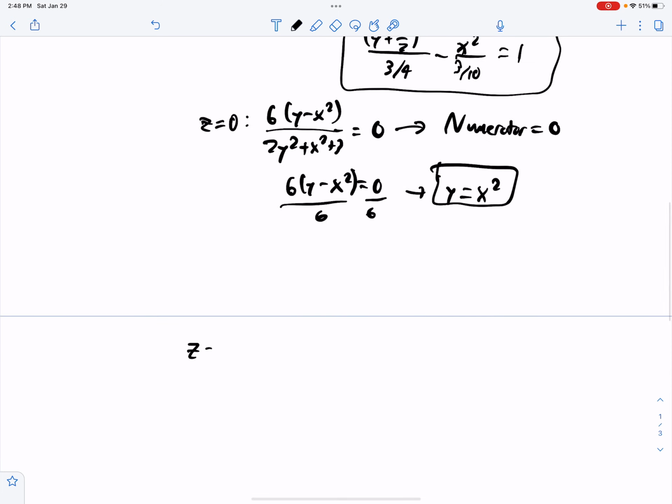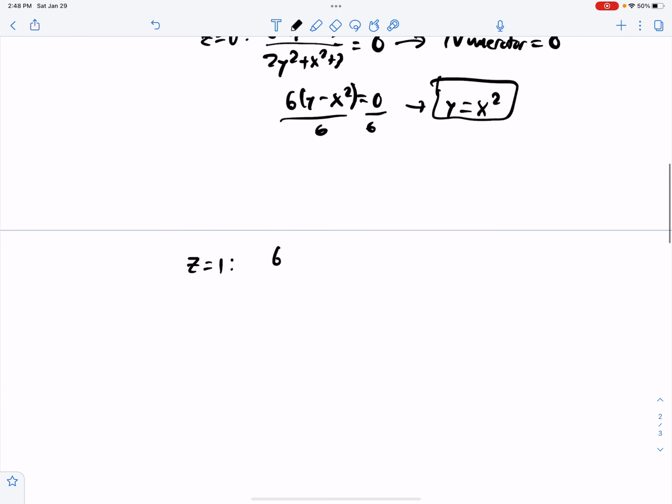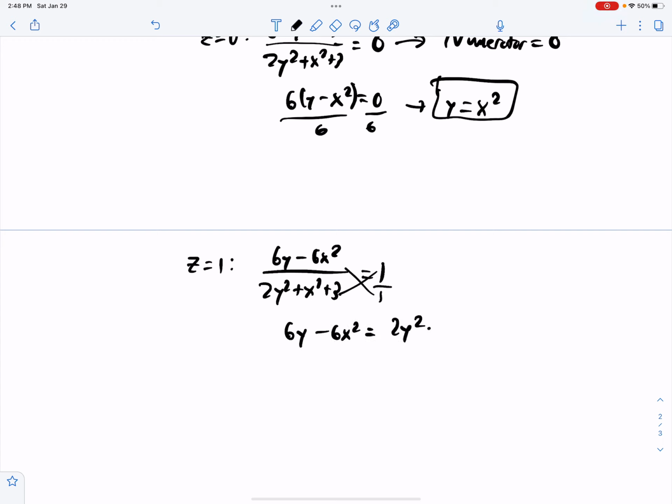All right, what about z equals 1? Is it as tedious algebra as the z equals -1 case? Well, we would have 6y minus 6x squared over 2y squared plus x squared plus 3 equal to 1. So we cross multiply again. 6y minus 6x squared is 2y squared plus x squared plus 3.